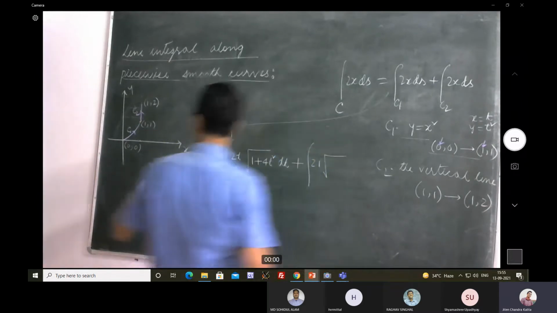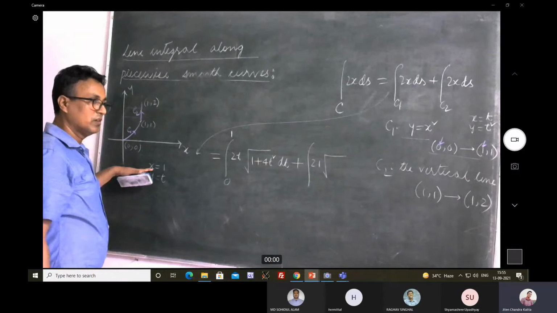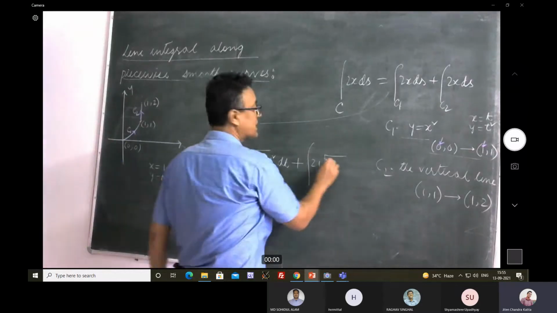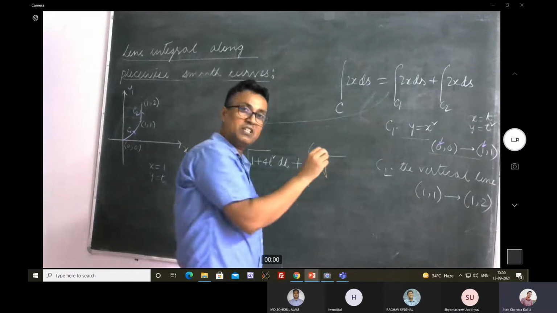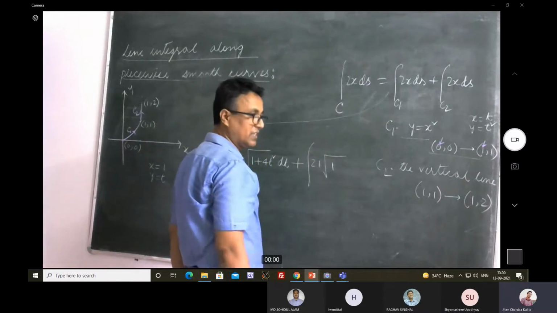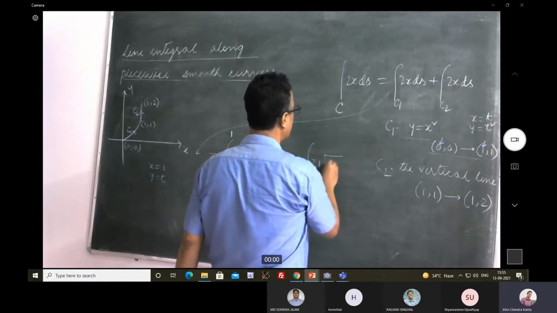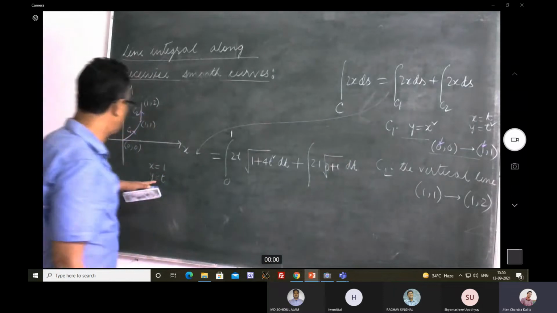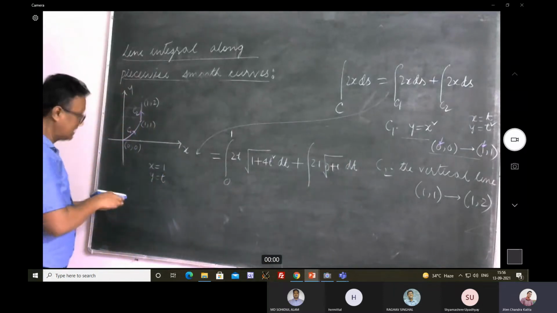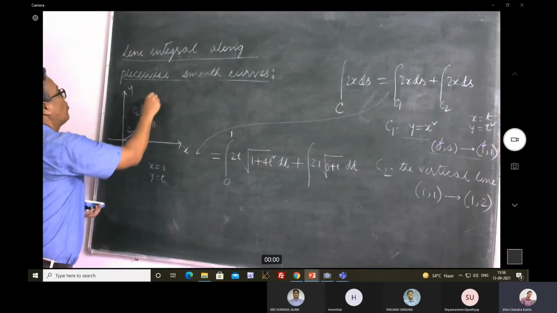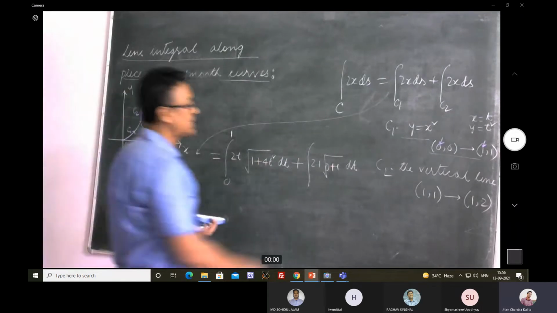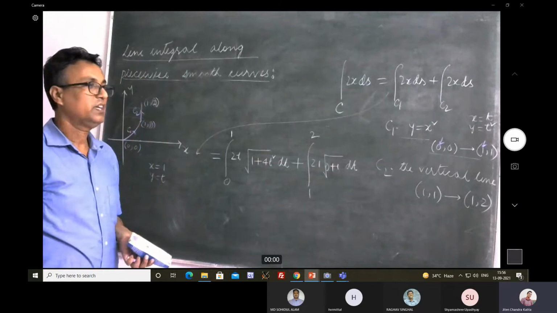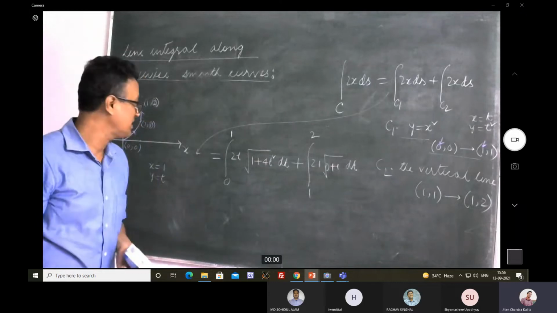If x is 1, dx/dt is 0, and if y is t, dy/dt is 1. So the square root of dx/dt whole square plus dy/dt whole square is simply going to give me 0 plus 1, which is 1, and then dt. Since t equal to y, and y goes from 1 to 2, my limit is going to be 1 to 2. That's it. The remaining stuff you can easily do.